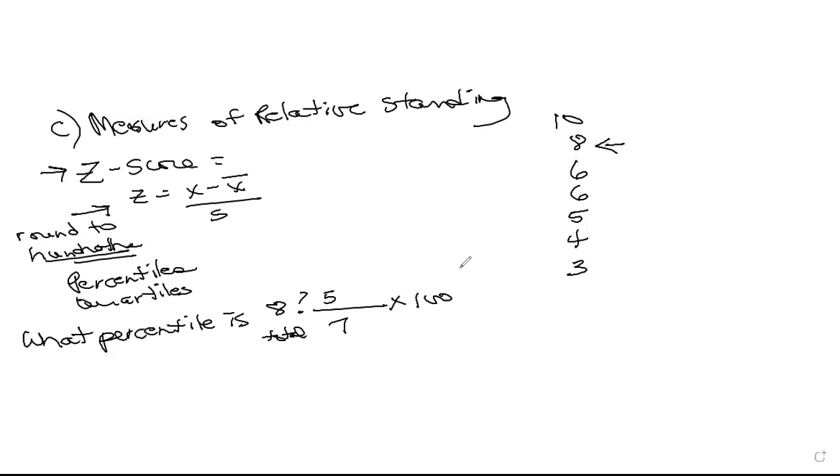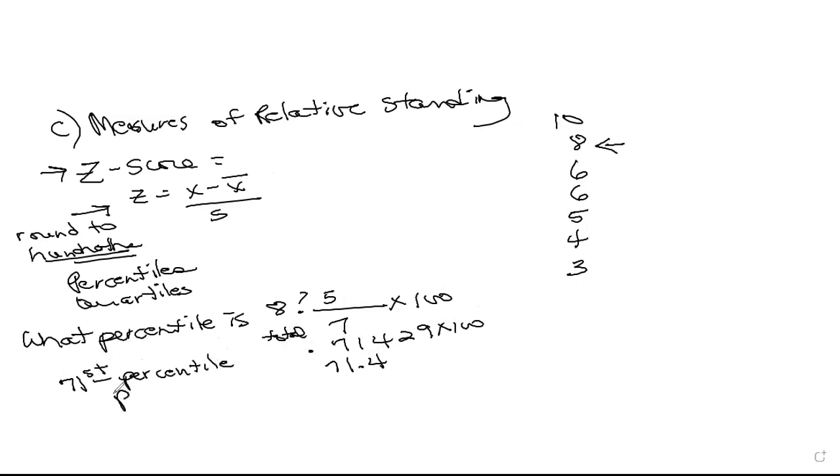If I took on my calculator 5 divided by 7, I get about 0.71429 if I round it. And when I multiply by 100, I get about 71.4. So that would mean this would be the 71st percentile.